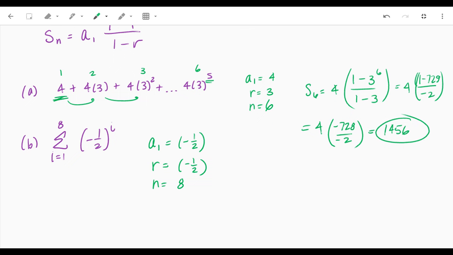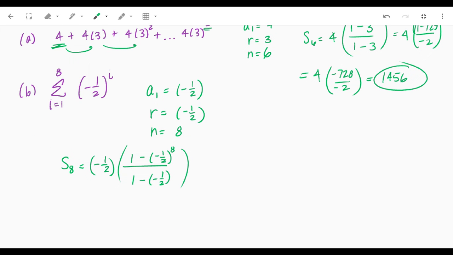Okay, so I would find this sum by doing negative 1/2, 1 minus negative 1/2 to the 8th over 1 minus negative 1/2. Be really careful with all those negatives.